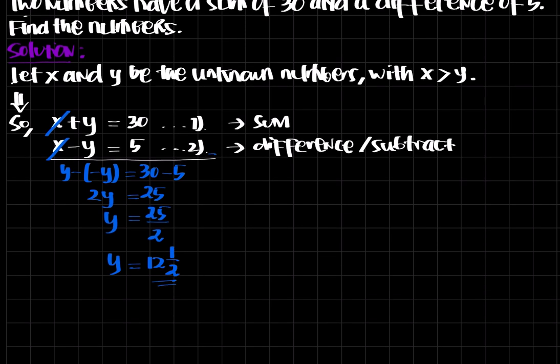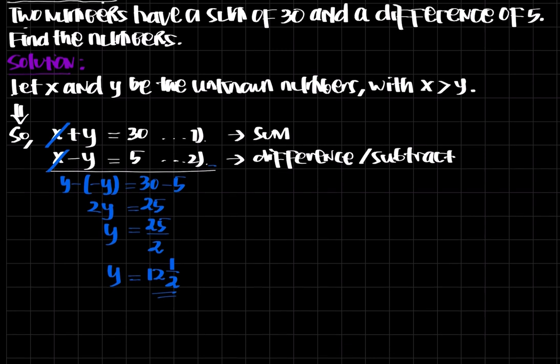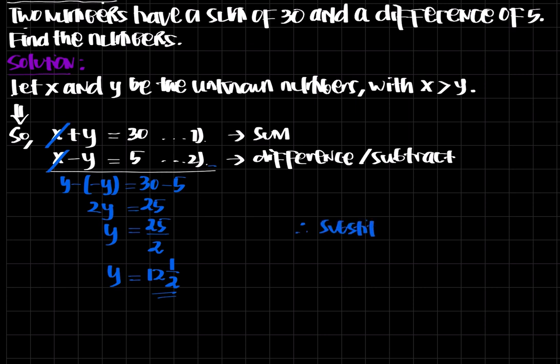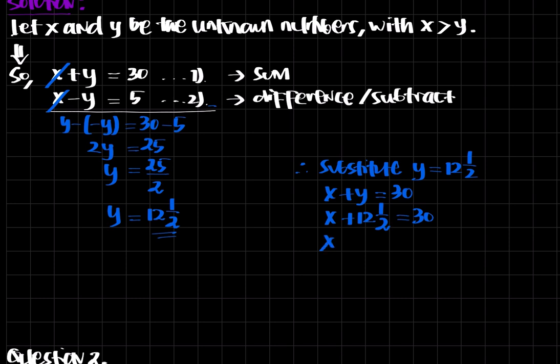Now to find out the value of x, you can substitute y equals 12 1 out of 2. You can choose either equation 1 or 2. I'm going to try equation 1. So x plus y equals 30. x plus 12 1 out of 2 equals 30. So x equals 30 minus 12 1 out of 2.